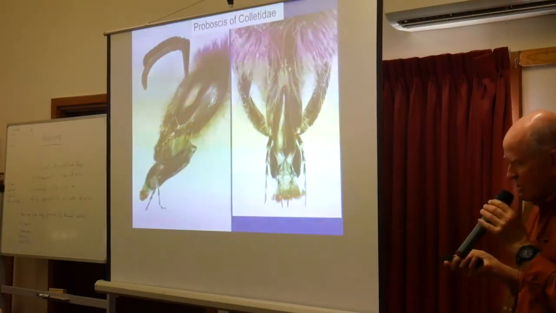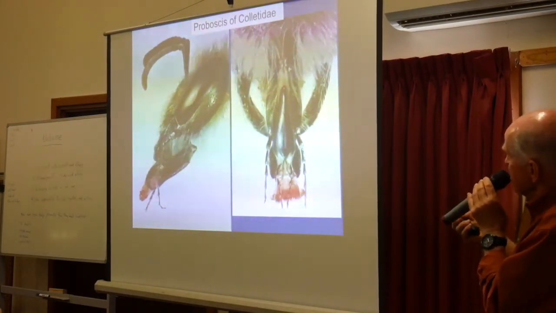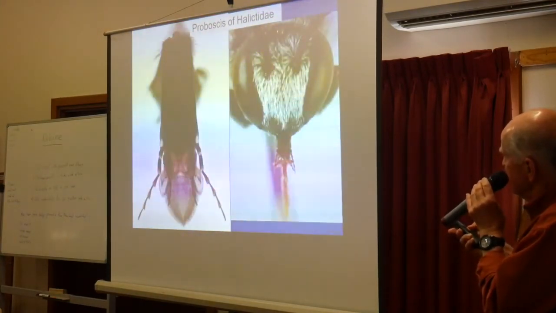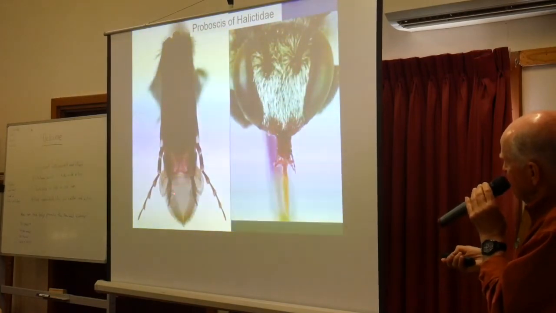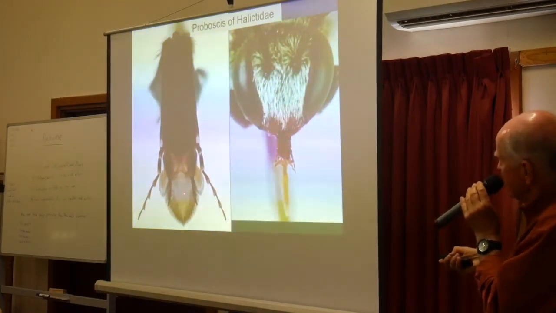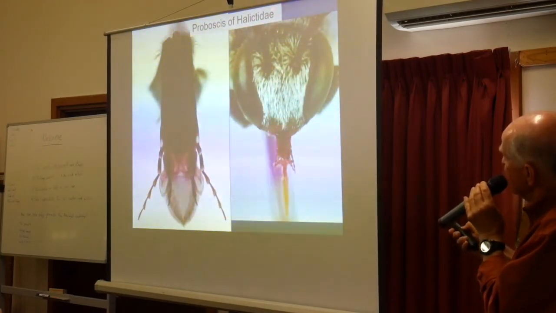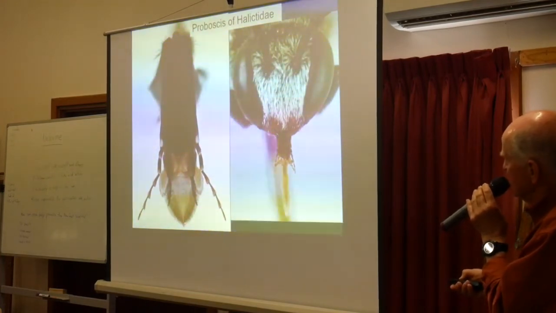So this form is typical of the short-tongued bees. So this is an example from the family Colletidae. We'll now look at a different family. And the tongue, viewed from behind, is pointed rather than obtuse. So halictids typically have a pointed, short but pointed tongue.